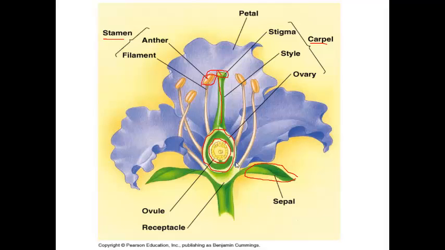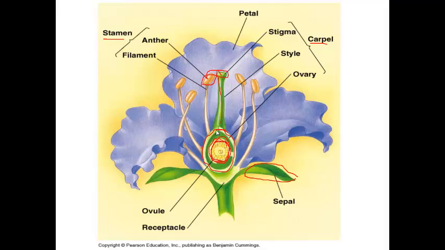Overall, what's going to happen is that the sperm inside the pollen is going to be transferred to the egg within the ovule. When the sperm inside the pollen fertilizes the egg inside the ovule, the ovule itself is going to become a seed, and that seed is going to hold the embryo inside.